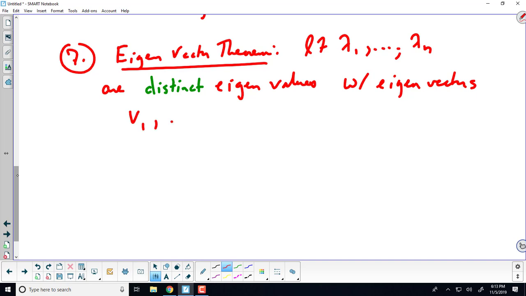Each one has an eigenvector associated with it, right? Each one may have more than one, but because these are distinct, we only have one eigenvector, or the dimension of each of these eigenspaces is 1. So each eigenspace can be described by just one vector.